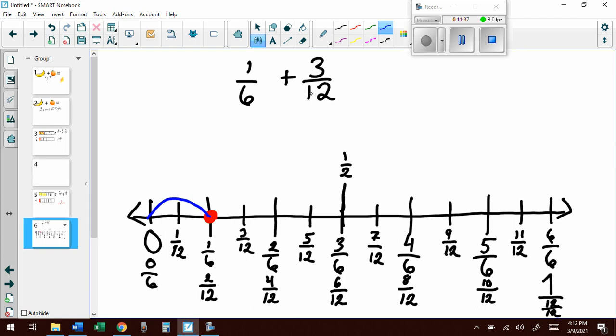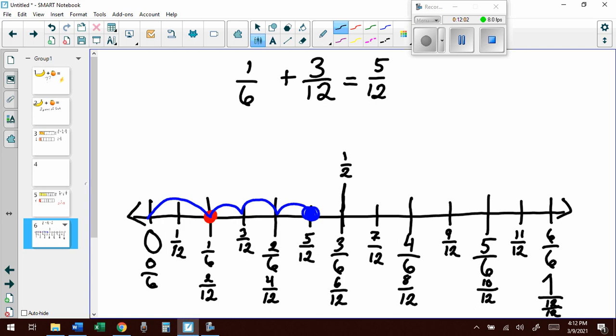Now we need to take 3 twelfths. 1, 2, 3. And we landed on 5 twelfths. So 1/6 plus 3 twelfths equals 5 twelfths. Now we know that because we had to find a common denominator.